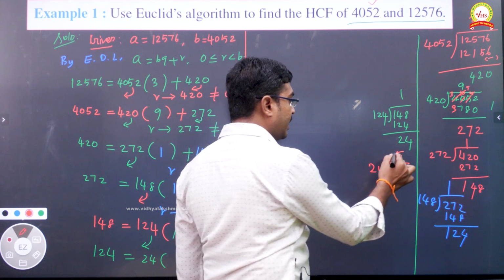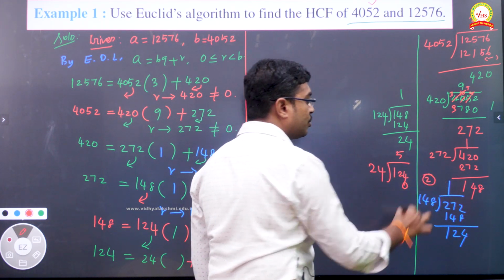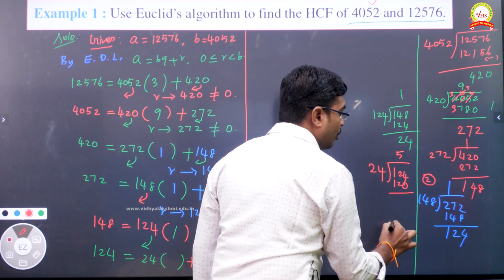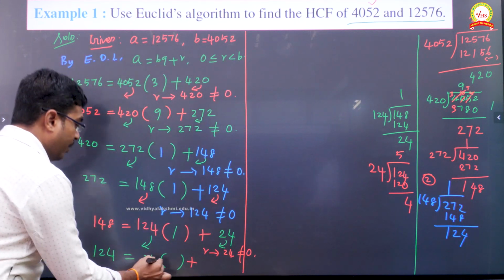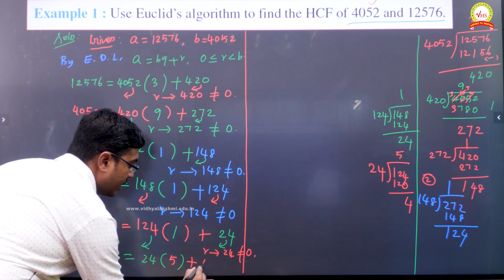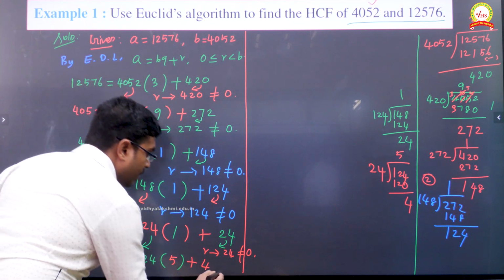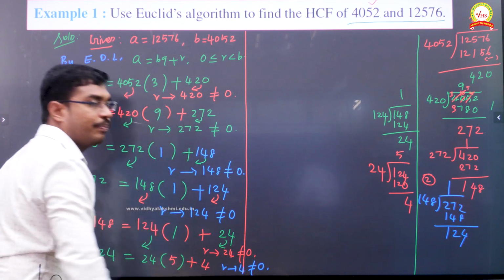So multiply it. 5 4s are 20, remainder 2. 5 2s are 10, 10 plus 2 is 12. So what is the remainder we are getting? 4. The quotient is 5, the remainder is 4. The remainder 4 is not equal to 0.